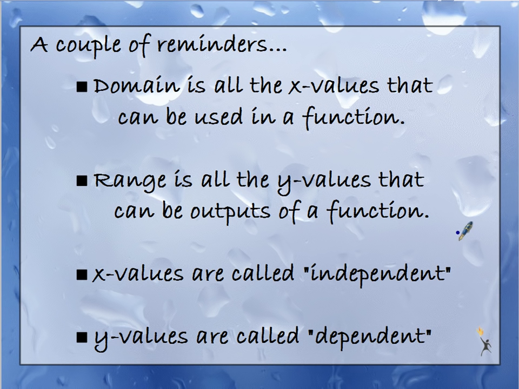Just really quickly then, in an inverse function, because the x values and y values get switched, the independent variable would be the y, and the dependent variable would be the x.